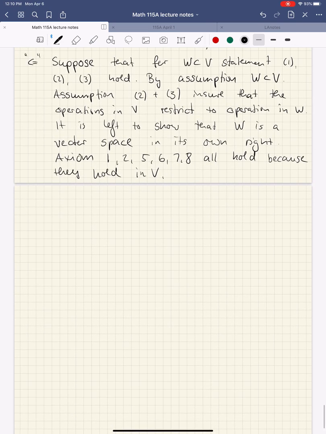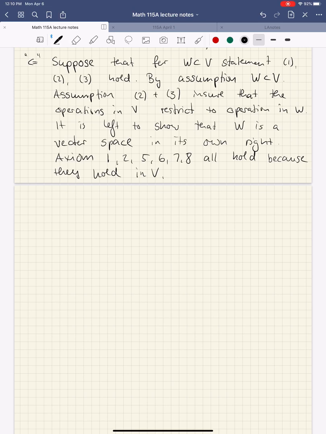This is a good time to pull out the list of axioms. Axioms 1, 2, and 5 through 8 are statements that say for all elements something happens. Since you restrict to a subset, for all those it will still be true because it was true for all elements in V, hence it has to be true for all elements in W.